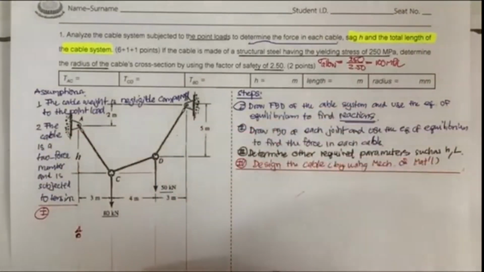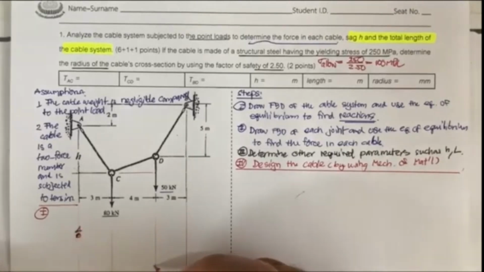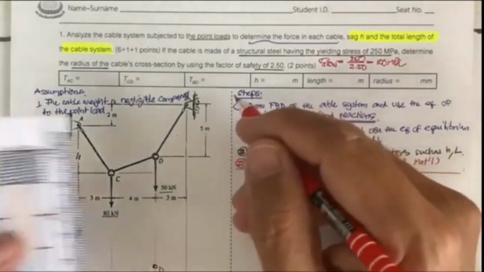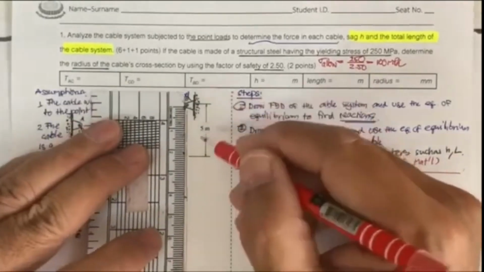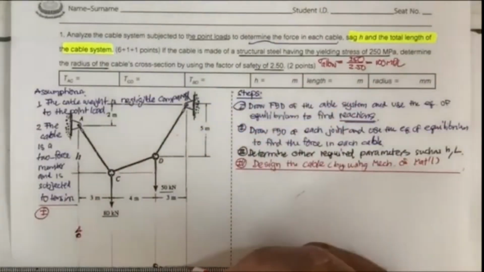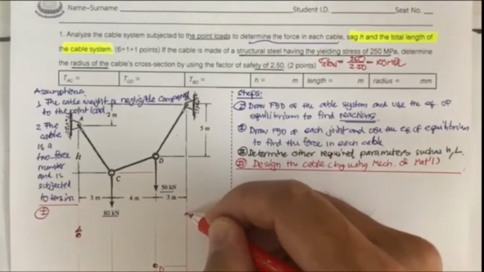So if you project this and measure another 7 millimeter, you will get this point D. And from D, you measure about 2.4 millimeter, and then you get the point B here.